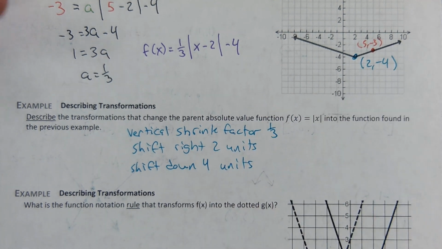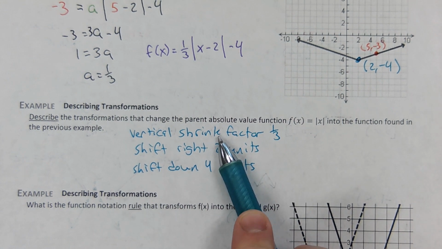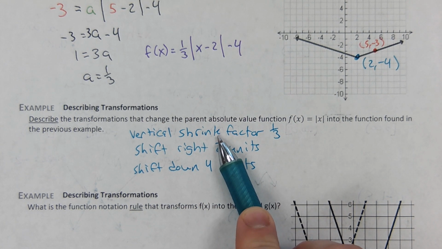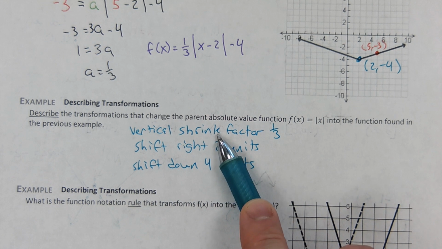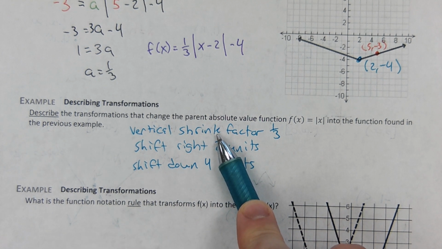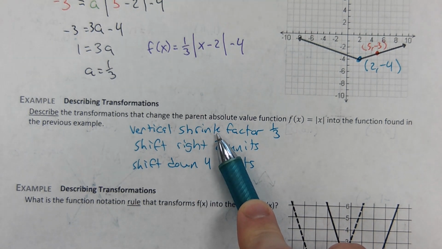Awesome. Okay, now let's check this out. I had somebody ask me a question during the test, which tells me that I needed to review the concept. Do you have to say vertical shrink factor 1/3 as the first transformation? No. What else could have been the first transformation that you mentioned? Can I get somebody new? I mean, I appreciate you 3 or 4 that have been talking to me all day.